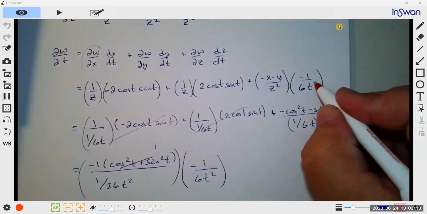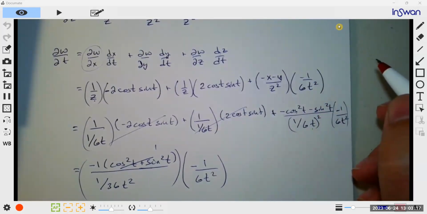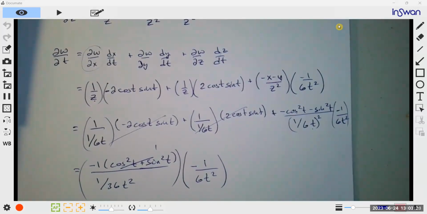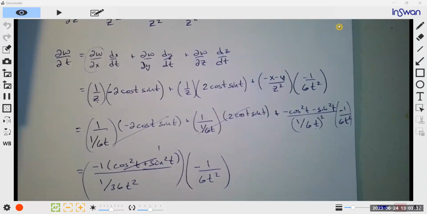Yeah. It's 6t. So that cancels with that. So it equals 6t. So dw/dt is 6t.